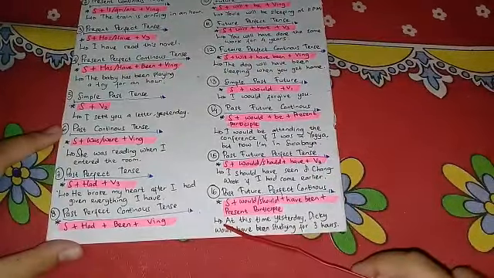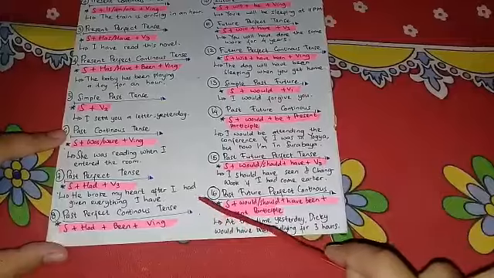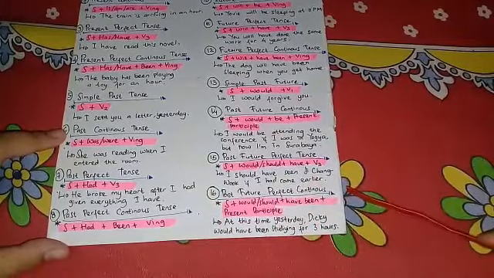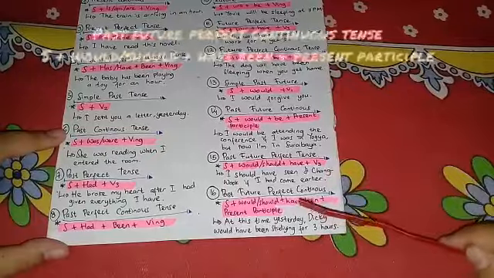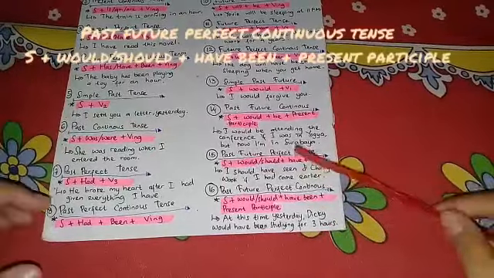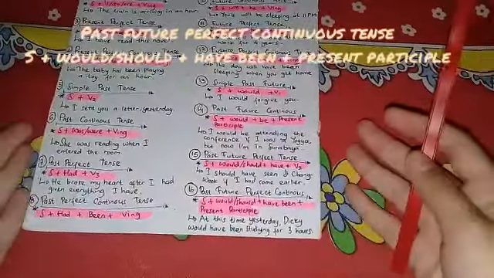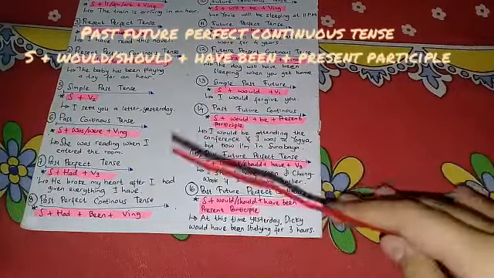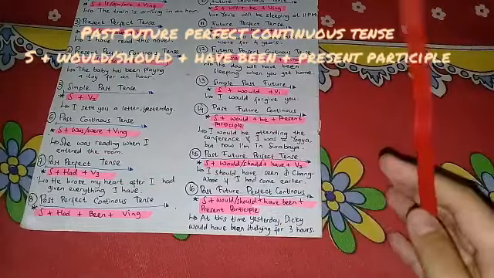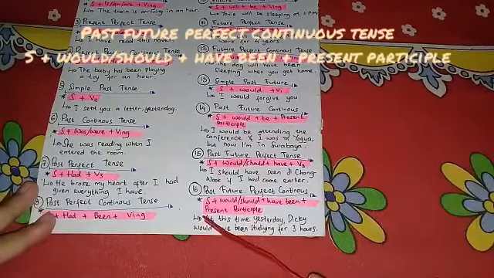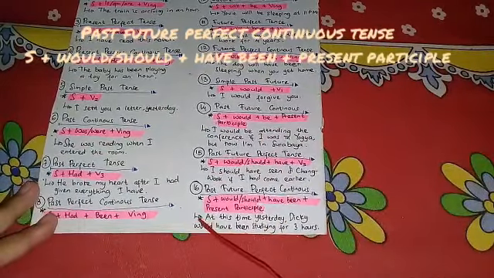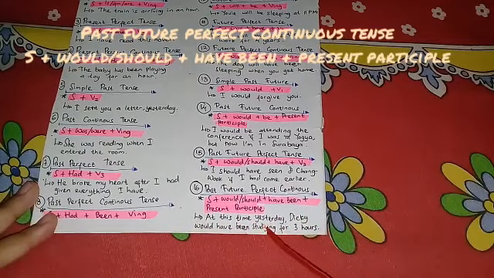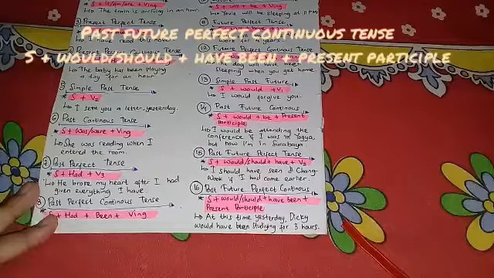So the last one but not least is past future perfect continuous tense. It is used to show an action that would have been and still being done in the past but actually did not happen. So the example is, at this time yesterday, DQ would have been studying for 3 hours.